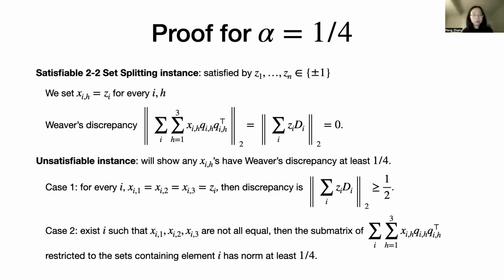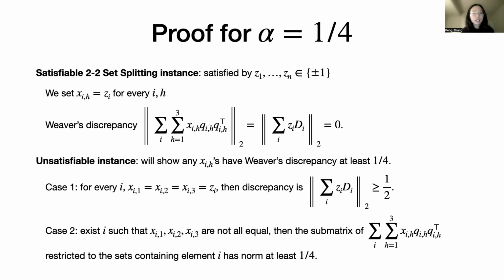Okay, and here is our proof. If the 2-2 set splitting instance is a satisfiable instance, then we will construct signs x_ih for every i and h, such that Weaver's discrepancy under these signs is 0. Suppose the 2-2 set splitting instance is satisfied by an assignment z_1 through z_n, each with the value 1 or -1.